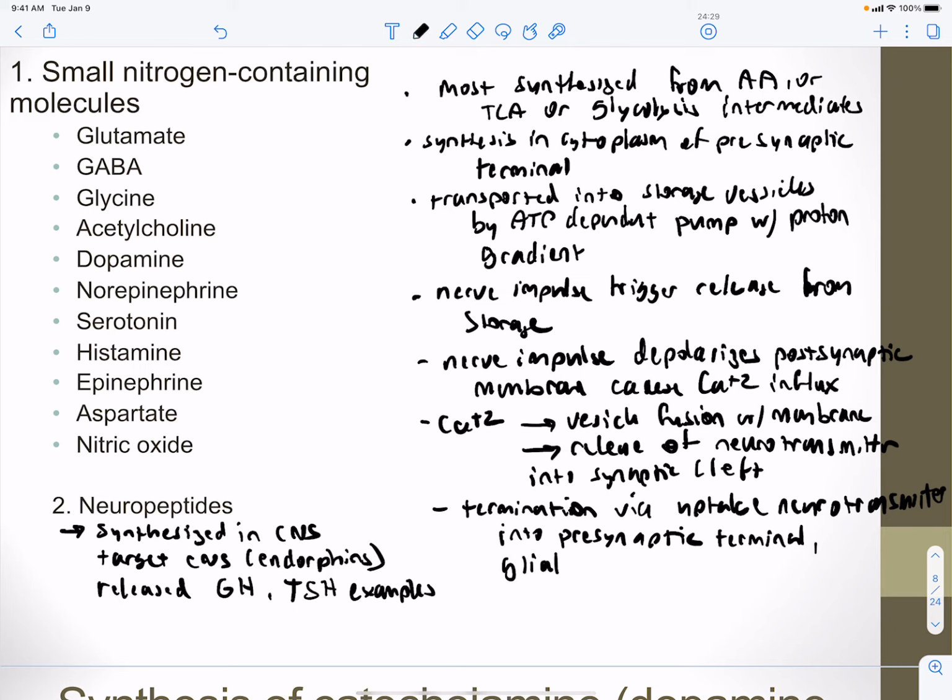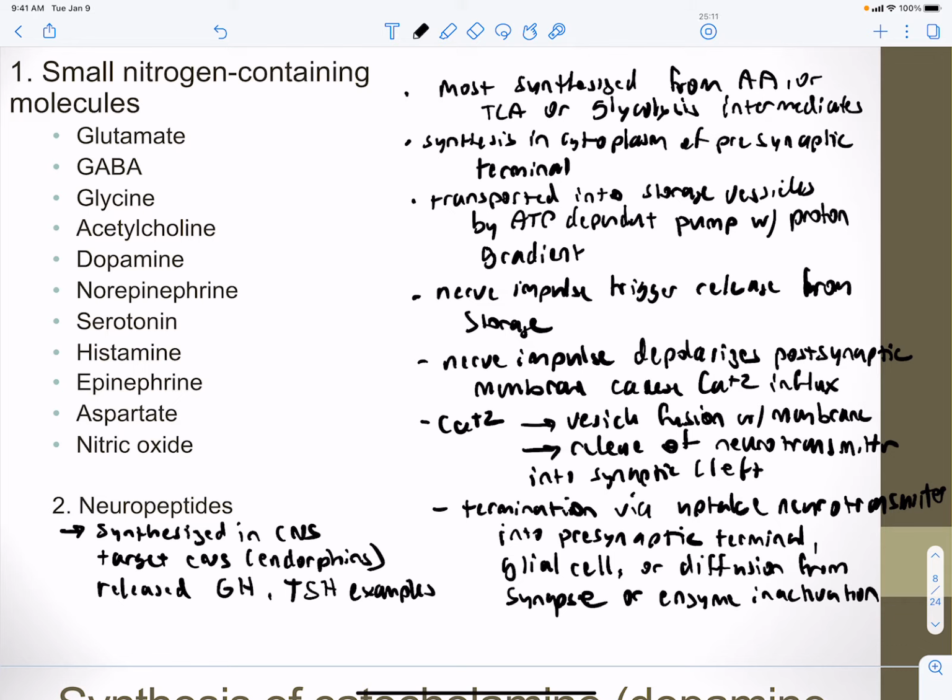So enzyme inactivation is going to occur in postsynaptic terminals, in the presynaptic terminal, or an adjacent astrocyte microglial cell. It can also occur in endothelial cells and brain capillaries. So basically, in the cytoplasm of all of these cell types, you're going to have enzymes capable of inactivating neurotransmitters. And that's part of the reason why you have to have your neurotransmitters stored in a vesicle, or else those enzymes will inactivate it.